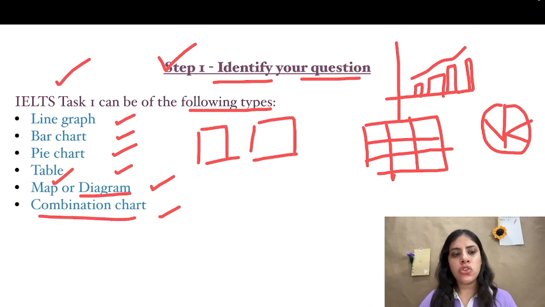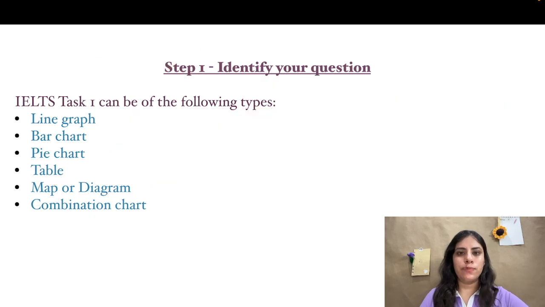A combination chart means that any two visual inputs can be combined within the same frame or given to you separately. But in simpler terms, a combination chart is where two of your visual inputs are present. Okay, this is step 1.